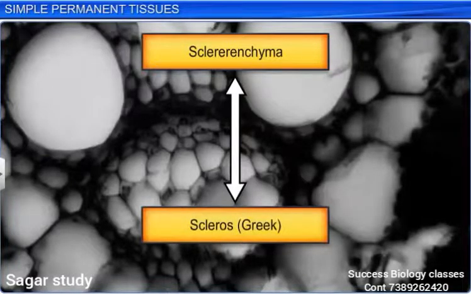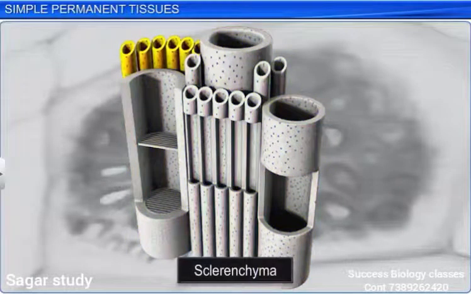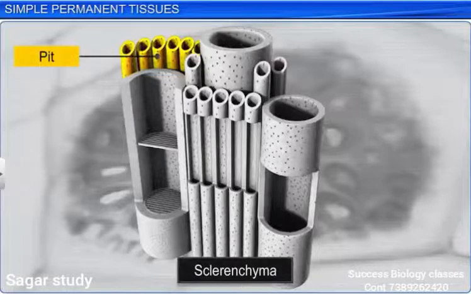Sclerenchyma provides stiffness or mechanical support to plant organs. The cell walls of sclerenchyma have a few or many pits. These cells are generally dead and without any protoplasts.